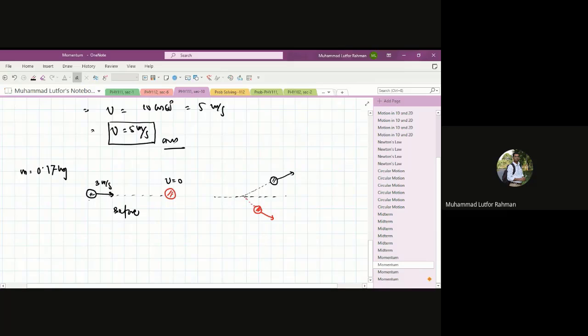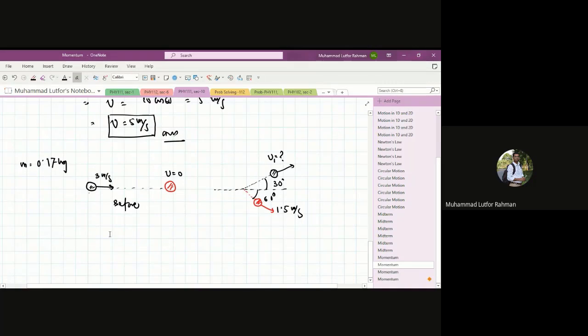So it creates two different angles. It creates a 30 degree angle with the initial direction, and this one creates an angle of 60 degrees and moves with a speed of 1.5 meters per second. Now they ask me to find the speed of the cue ball after the impact. I call that v1.